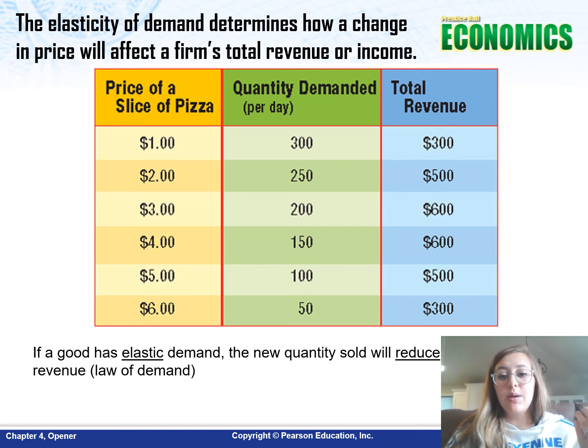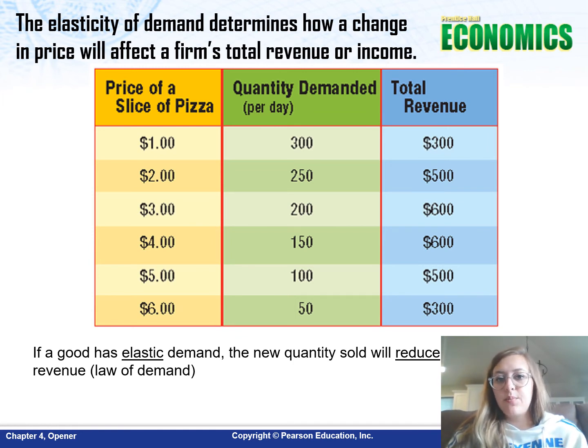So firms need to be mindful of this when they are making decisions about price changes. If the demand for your good is inelastic, it may be less concerning to your firm, because even an increase in price could increase your revenue because demand isn't going to drop off by that much.